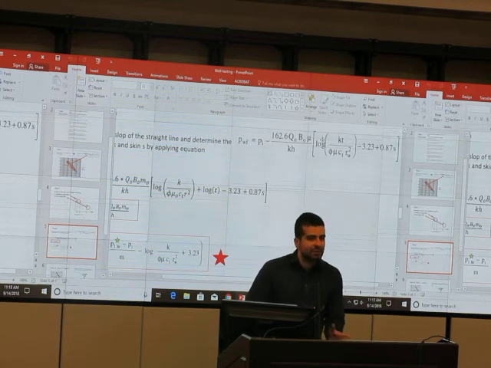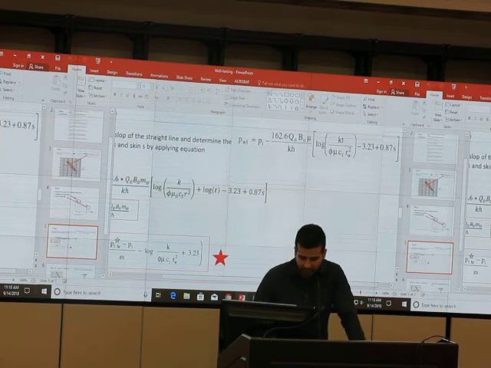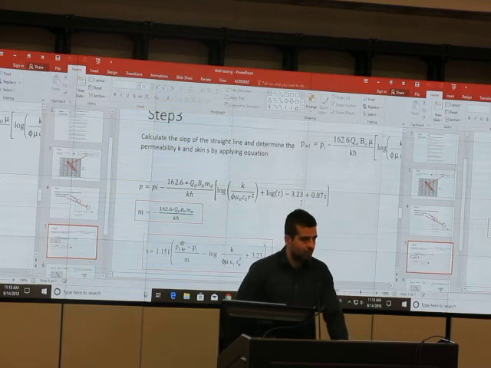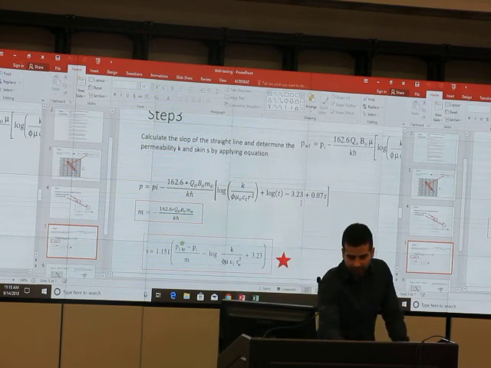So let's divide the log of t in this way. Let me write it down.